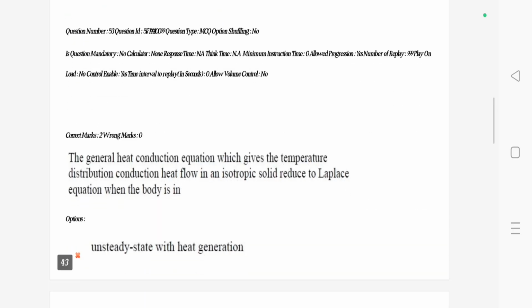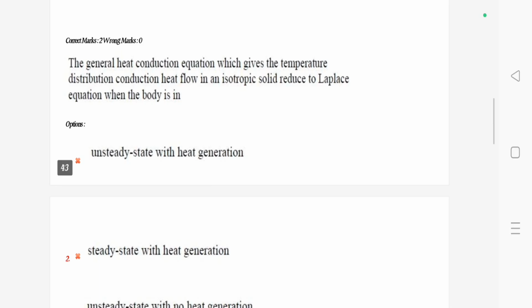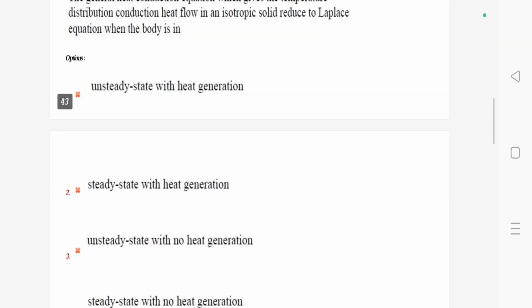Now next, 53rd question. The general heat conduction equation which gives the temperature distribution, conduction heat flow in an isotropic solid, reduces to Laplace equation when the body is in what?